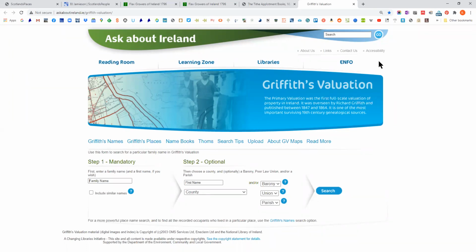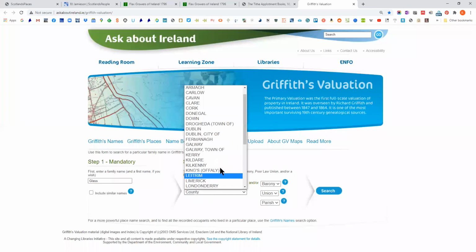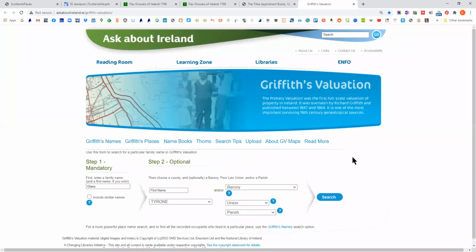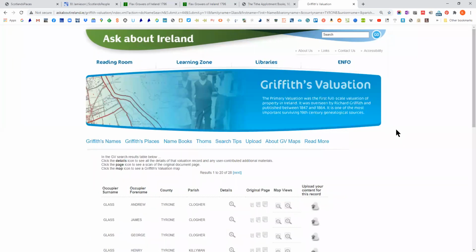And what this is doing is valuing land for tax purposes. So let's take a look at one, and I covered this more both in the maps presentation and in my Ireland presentation. So I'm just going to show this quickly.